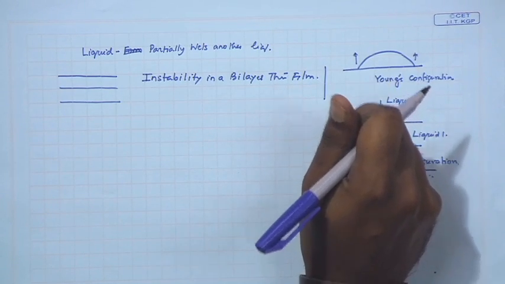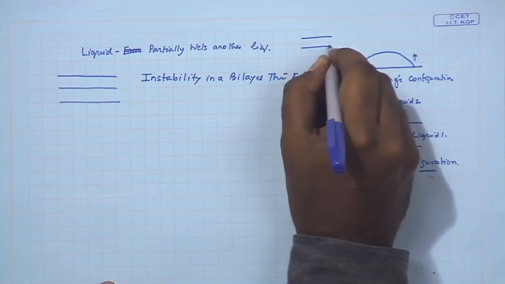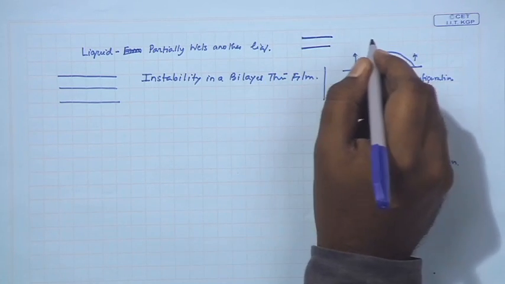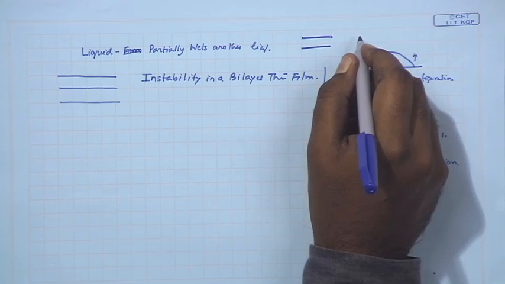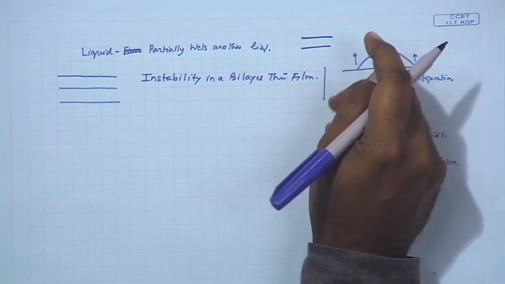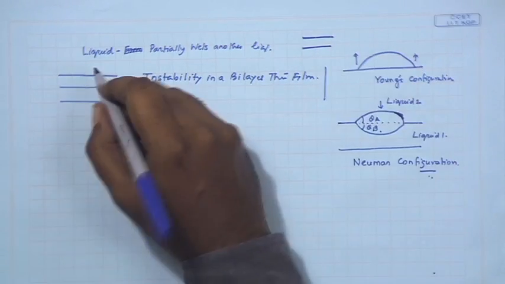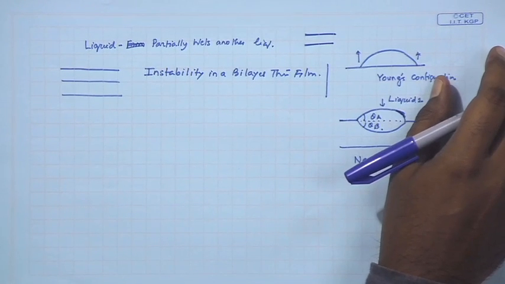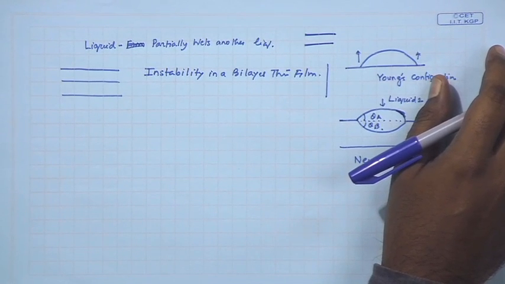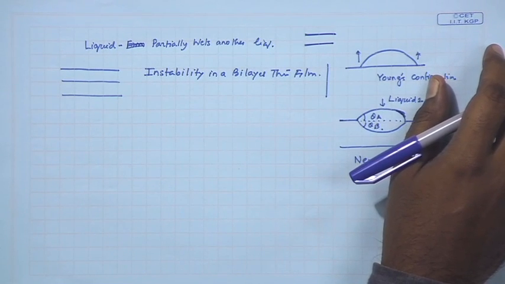So, you see, instead of a single layer film, now there are 3 interfaces and 2 deformable interfaces, and there is absolutely no reason to believe that all the 3 interfaces will become unstable, or both the layers will become unstable together. In fact, it turns out that one of the layers becomes unstable first, and that dictates the initial evolution pathway.